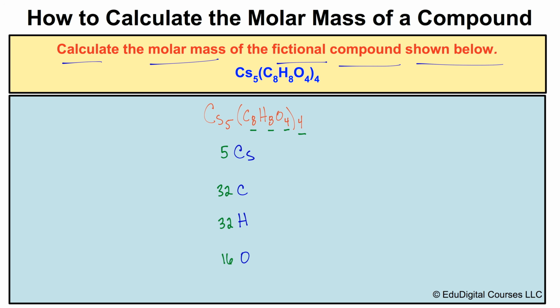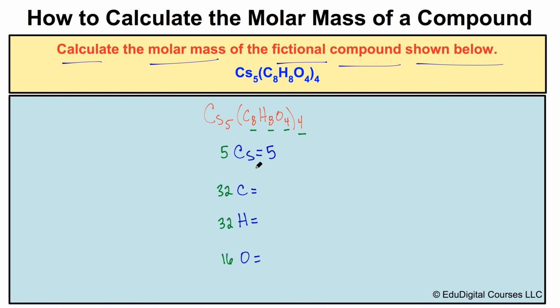So now that we know the number of each element or atom that makes up this compound, what we need to do is take the number of each atom in this molecule and multiply it by the molar mass of the element we can find on the periodic table.